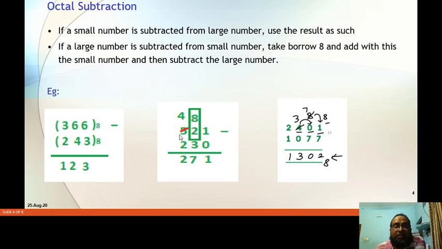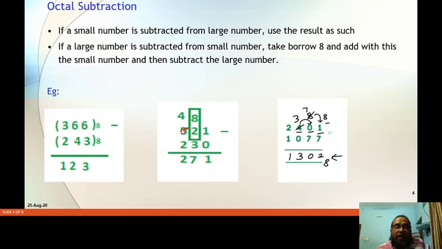But in the second case, see here, 521 minus 230. 1 minus 0 is 1. Then here 2 minus 3, it is not possible. So what to do? You have to take a borrow, and this borrow is actually 8, because we are dealing with octal numbers. So take a borrow from the previous number.